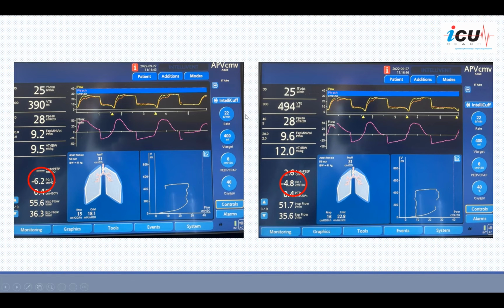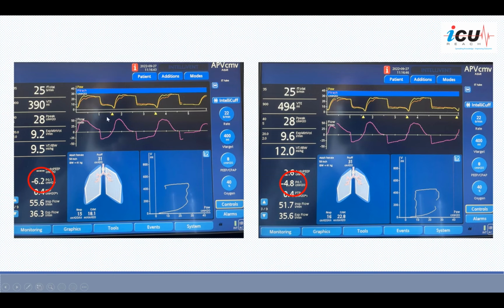As you see, this patient is on ABV CMV, tidal volume of 400, PEEP of 8. And you can see the pressure goes up to 25, 28, and then probably the plateau is around 25. Inspiratory flow goes up to 50 liters.